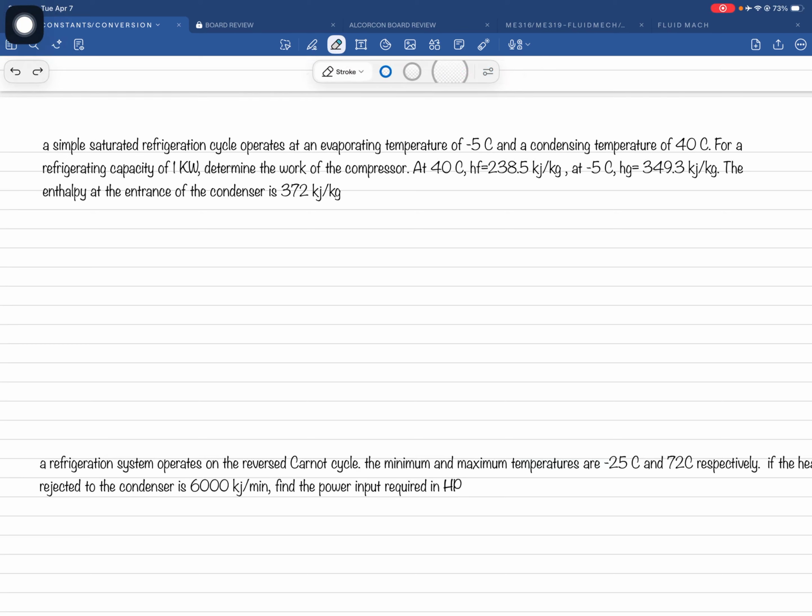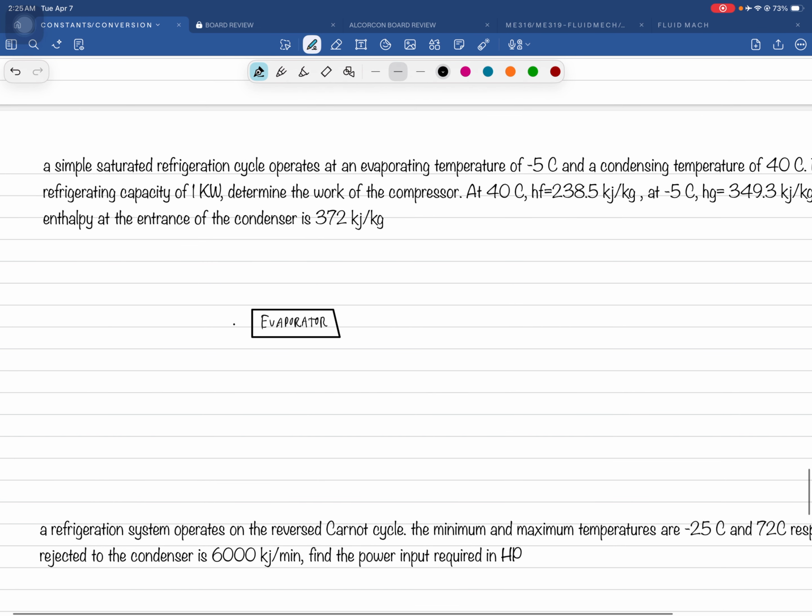Okay, so start saglit lang, mabilis ang solve. So refrigerating cycle, no? Automatic, meron tayong 4 na components. Meron tayong evaporator, tapos after evaporator meron tayong compressor, no?